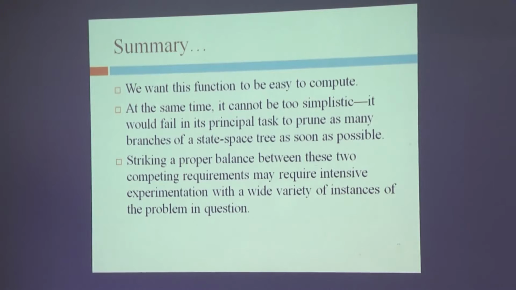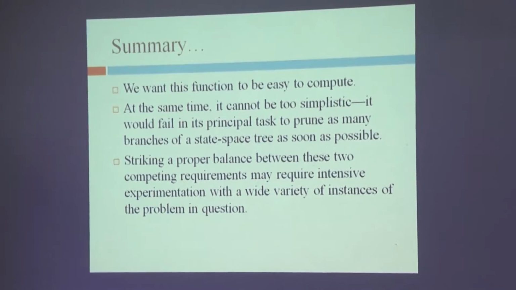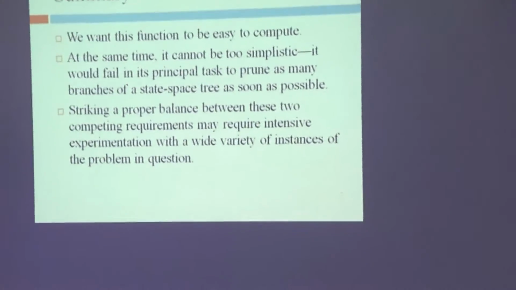It's not an algorithm basically. So striking a proper balance requires intensive experimentation with a wide variety of instances. You keep trying empirically. You try to decide. For many instances, you just can't. Then you come up with a proper balance, right?